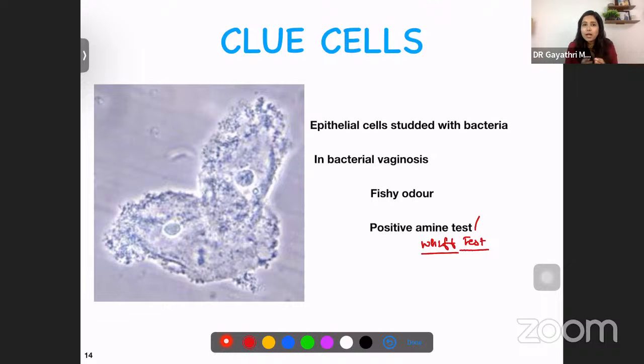So these are some other important features associated with bacterial vaginosis. And the pH is usually more than 4.5. As you know, the pH of the vagina is acidic. In this, it slightly shifts towards the more alkaline side. And in this condition, you can see a thin gray-white discharge.